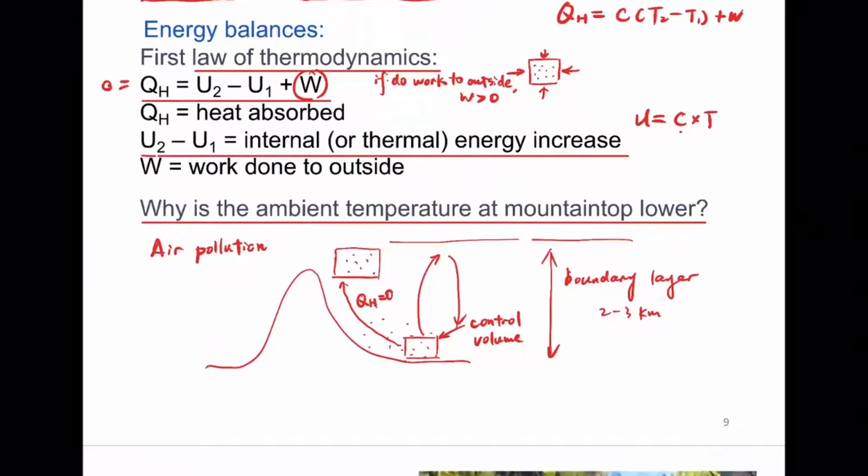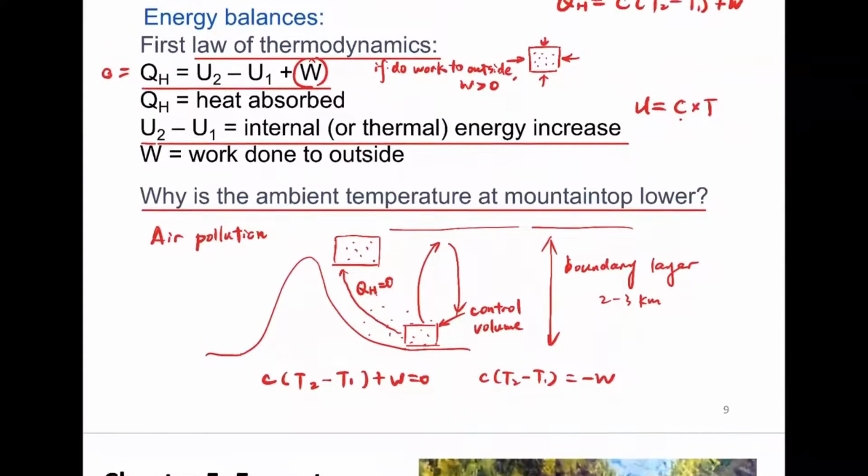Now we have C(T2 minus T1) plus W is equal to 0, right? Which means that C(T2 minus T1) is equal to negative W. Okay, so what this means is that, for the temperature at location 2, let's look at T2 minus T1.